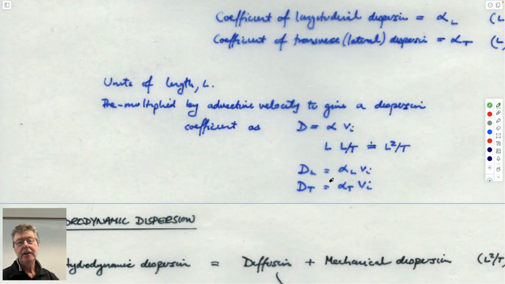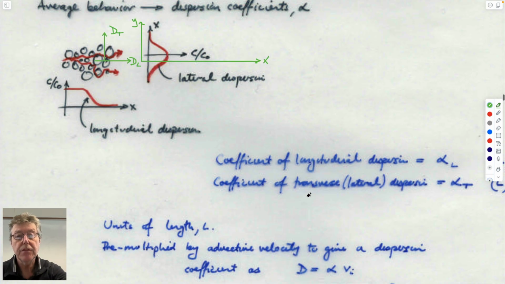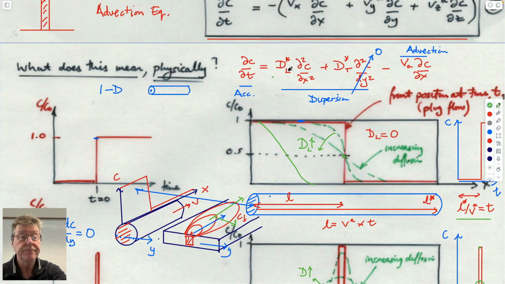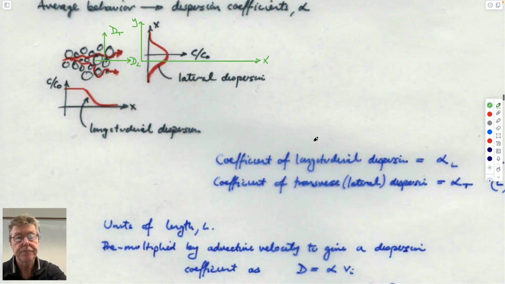We can take the advective velocity, and if we multiply it by some coefficient, we get this term that we want to use in our PDE, longitudinal dispersion, transverse mechanical dispersion. So we'd get these terms that we use here, not with a star attached to them, but with something else.